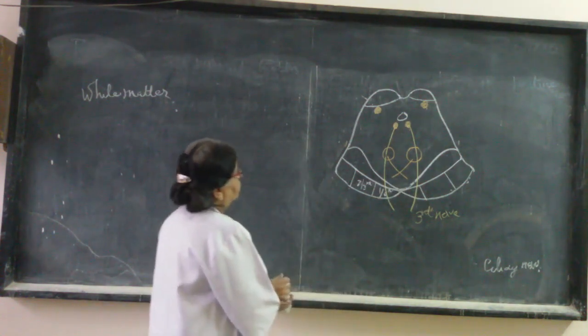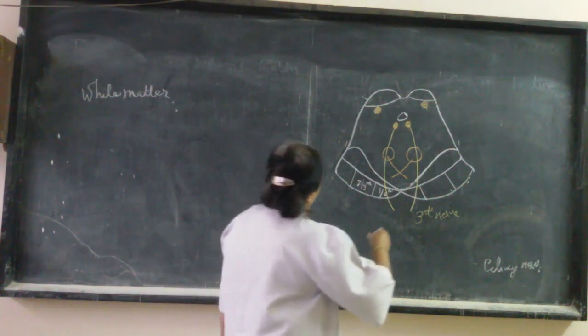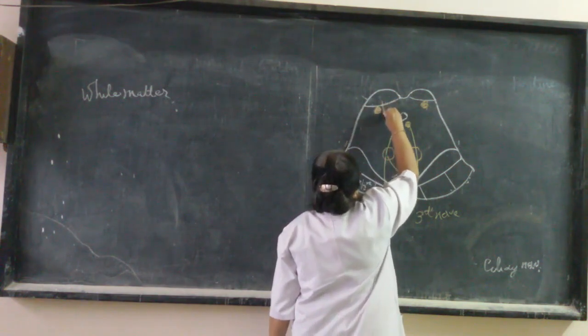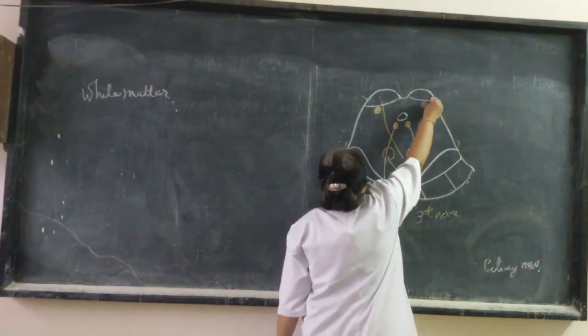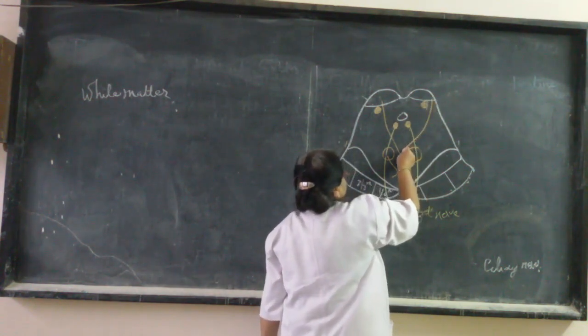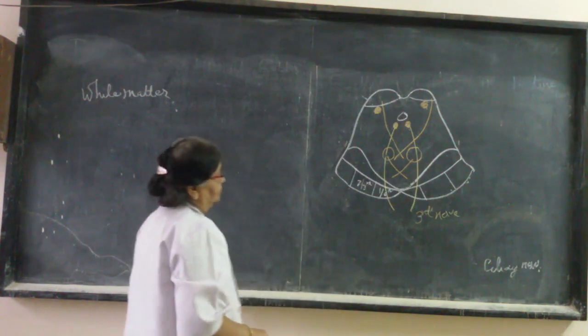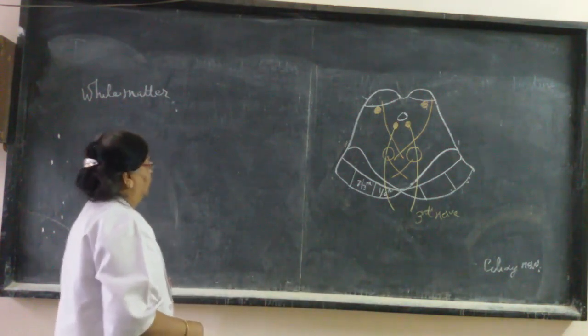The fibers coming out from the superior colliculus also cross in the median plane, and this crossing is known as the dorsal tegmental decussation.